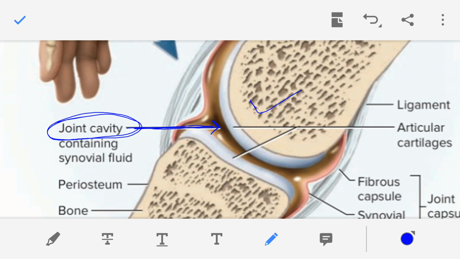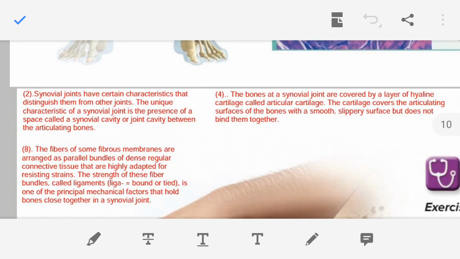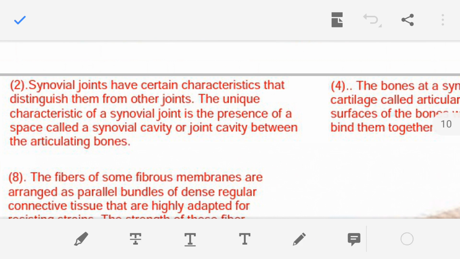So between the two articulating bones, the joint cavity is present in the synovial joint. So this is the second point regarding the synovial cavity or the joint cavity.